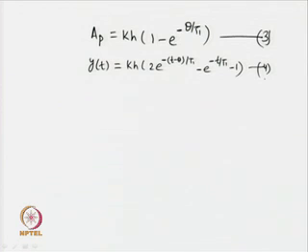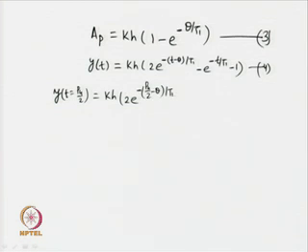Now, what will be the output at time t equal to Pu by 2? The output of the system at time t equal to Pu by 2 will be K h times (2 times e to the power minus (Pu by 2 minus theta) by T1 minus e to the power minus Pu by 2 T1 minus 1).